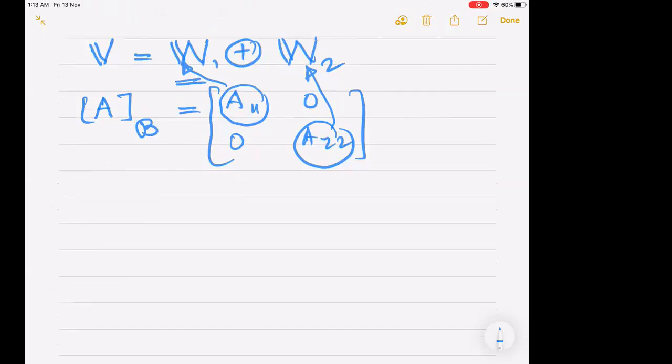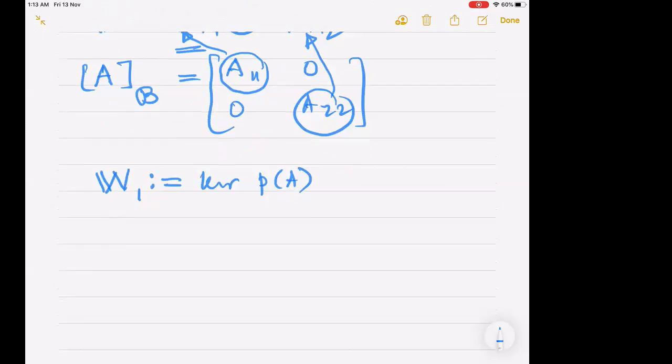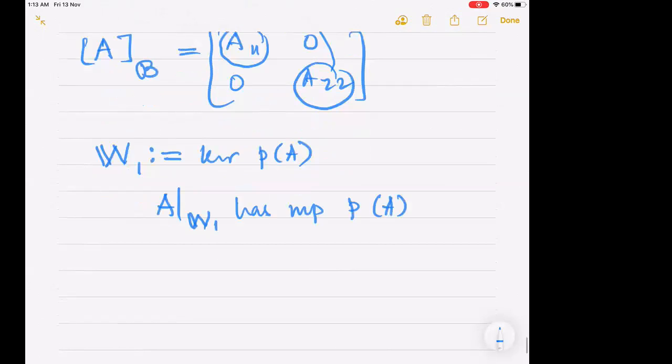So what we can conclude here is that W1, defined as the kernel of PA, not only that, A restricted to W1 has minimal polynomial PA, right?